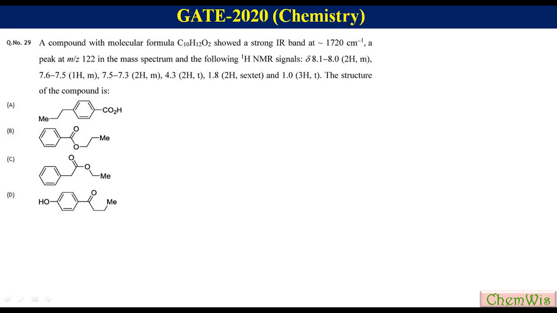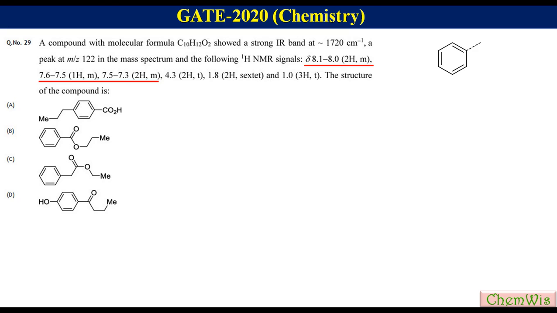Question number 29. This is related to structure elucidation. We have to find the correct structure of the compound based on proton NMR, IR and mass data. In proton NMR, 5 protons in the aromatic region suggest a monosubstituted benzene ring.